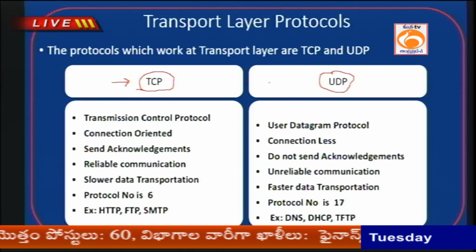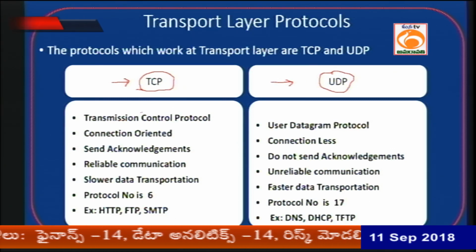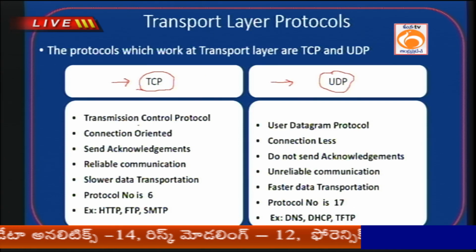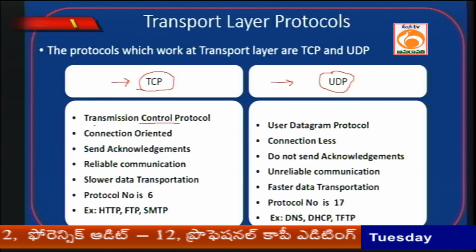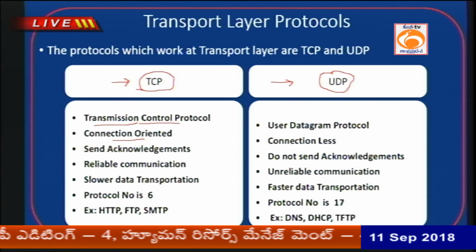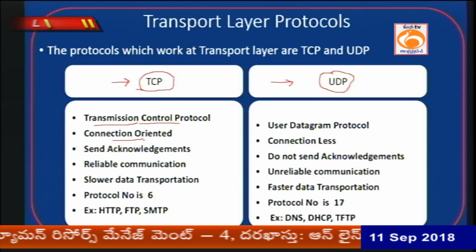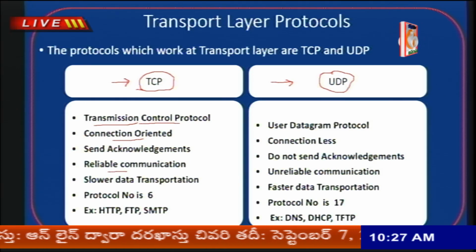So, when you look at the features of this protocol, TCP stands for Transmission Control Protocol. Applications which use TCP are connection oriented. There is always a connection between the source and the destination, and they are reliable because they send acknowledgements.